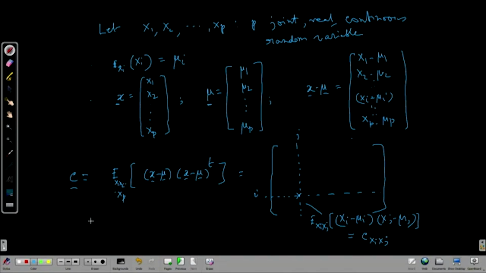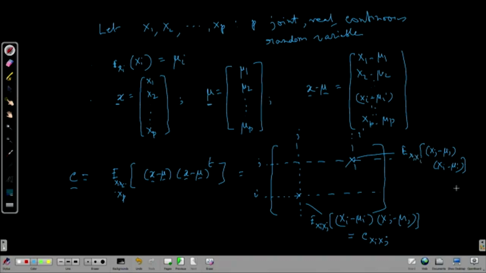Now, you see one thing, if I now take the j comma ith element, it was i comma j, in the same way j comma i. In the same token, this will be E, again first take this product, xj minus mu j, which will multiply xi minus mu i, and only these two random variables will survive here, others will drop off.